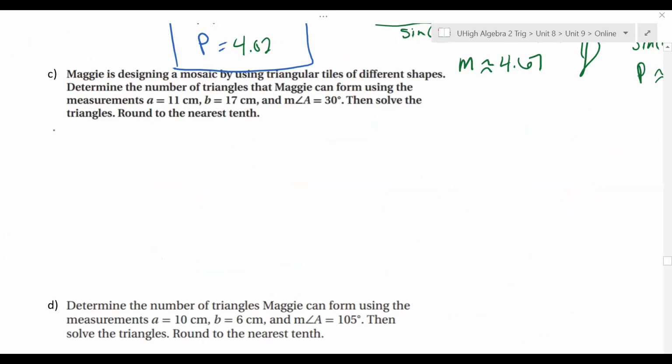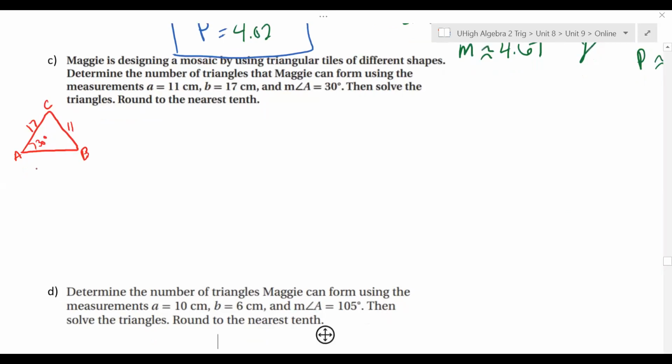So I'm going to draw this triangle, A, B, C. Actually, I'm going to redraw it how I had it drawn down below. Sorry. A, B, C. So my B value is 17, A is 11, and the measure of angle A is 30 degrees. Looking right here, do I have one of my triangle congruencies?